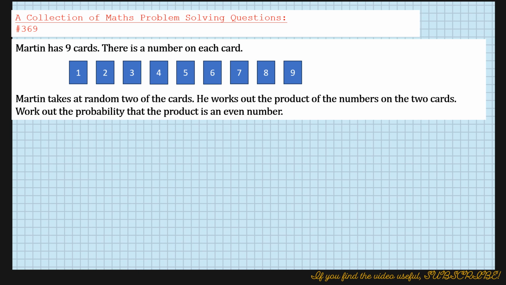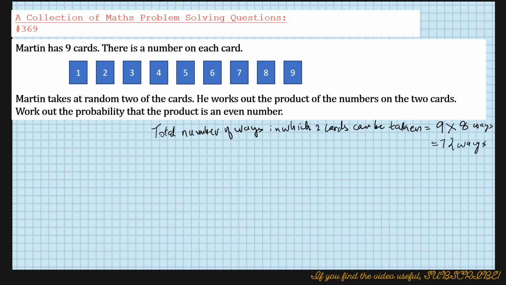So the total number of ways in which 2 cards can be taken equals: the first card can be taken in 9 ways, and for the second card, 1 card has already been taken, so there are 8 left, so 8 ways. So 9 times 8 ways, that is 72 ways.